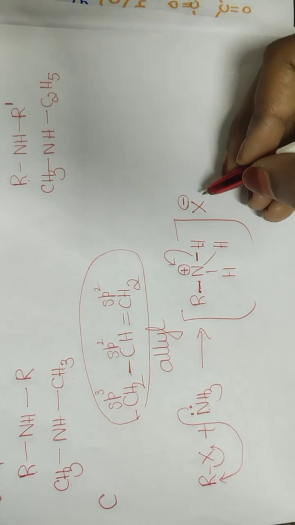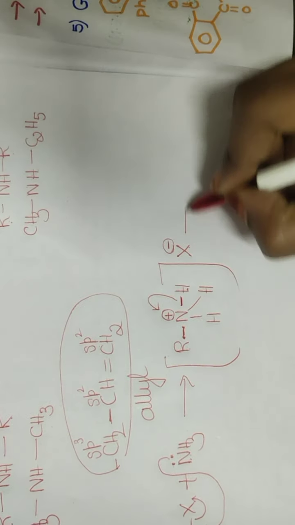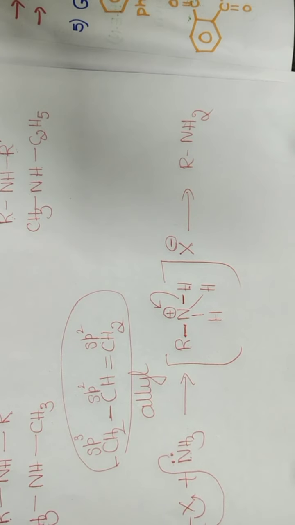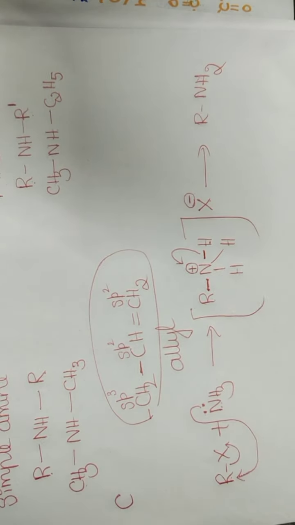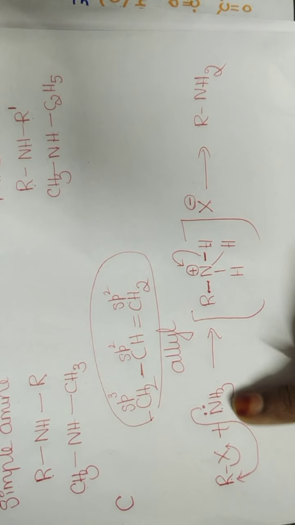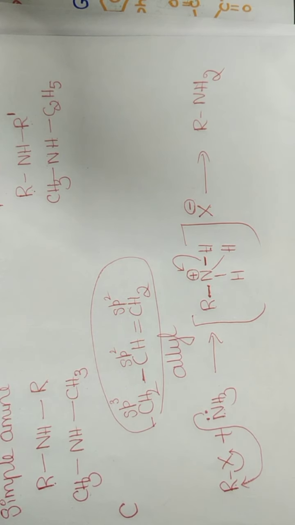So that H plus and X minus will combine and leave as HX, leaving behind RNH2. So this is the mechanism for the formation of primary amine. Or to be more simple, remove one halogen from the substrate and one hydrogen from ammonia. The left out parts join together, and you end up with a primary amine.